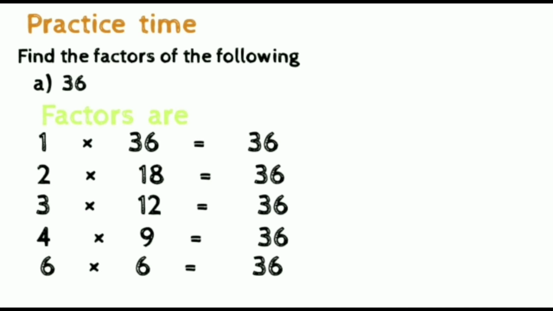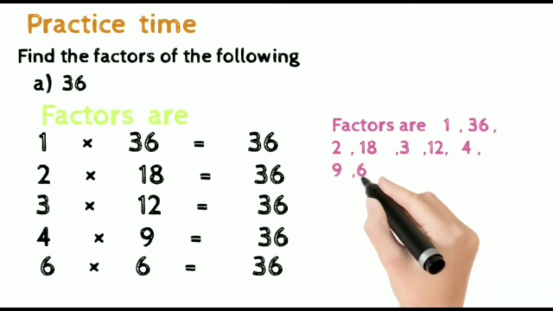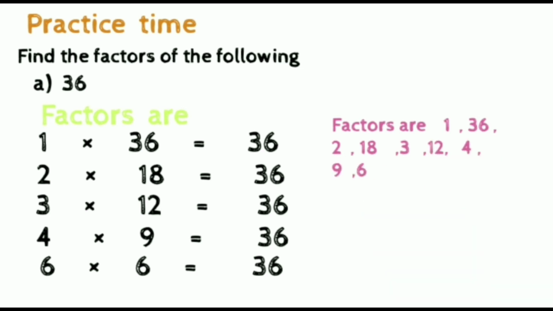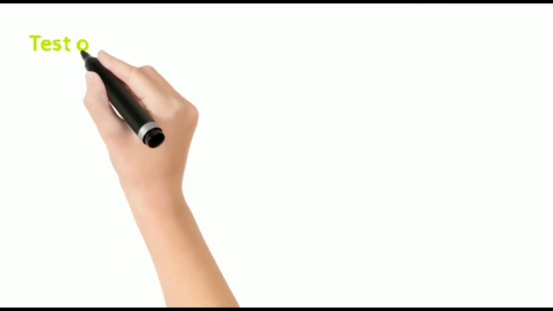Here 6 is repeated, but we will take only one. Then which are the factors? 1, 36, 2, 18, 3, 12, 4, 9, 6. These are the factors of 36.